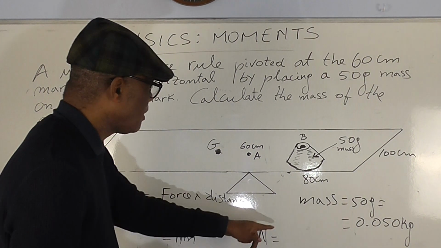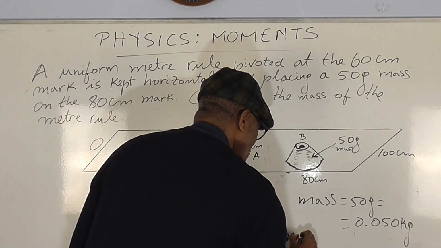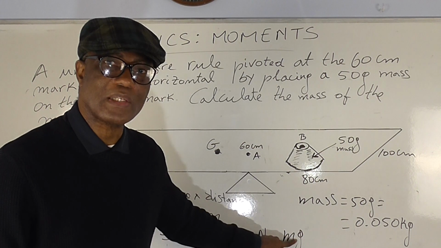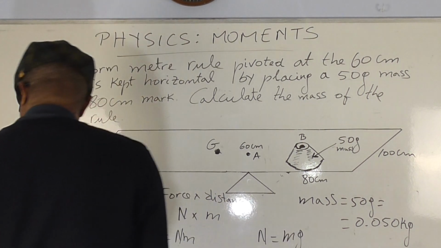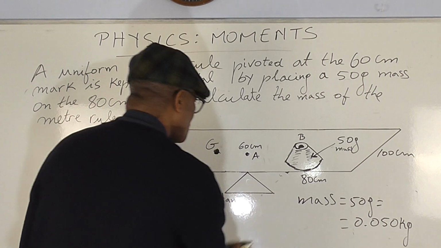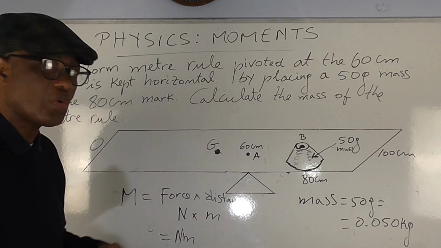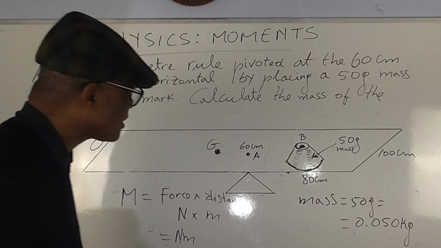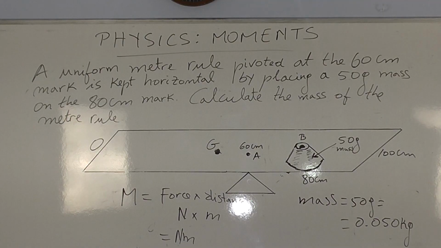Now, to get the force, what do we do? Mass multiplied by acceleration due to gravity will give us the force.